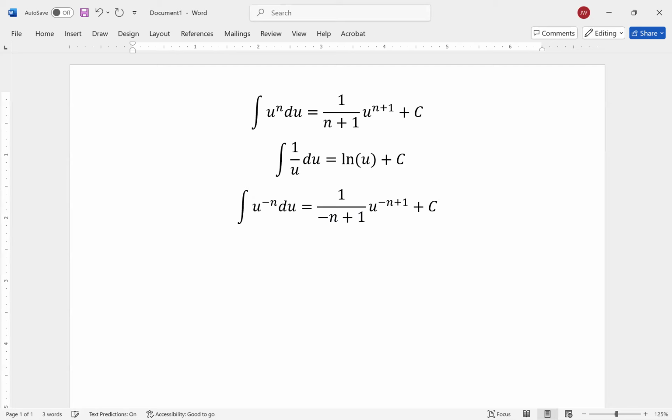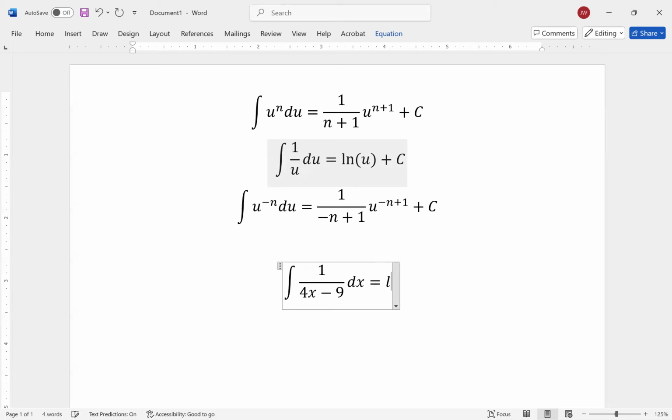Now, one thing I do want to mention is I use the variable u in these cases. And you can do this with any linear piece that acts like a linear u. Let's take 1 over 4x minus 9, for instance, integrate that with respect to x. That's linear.